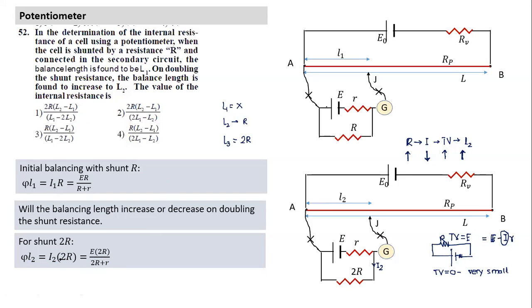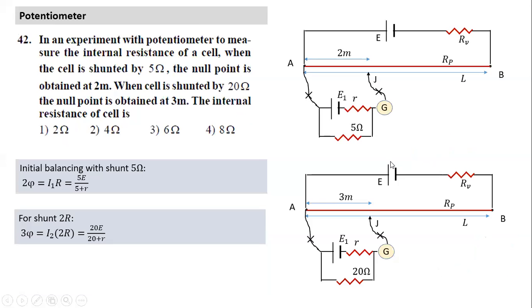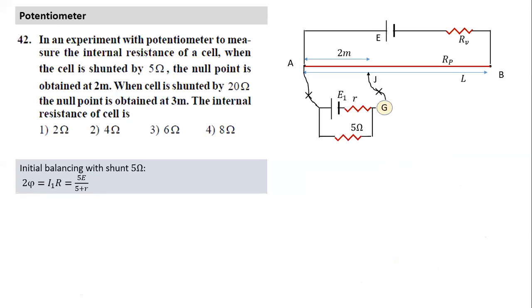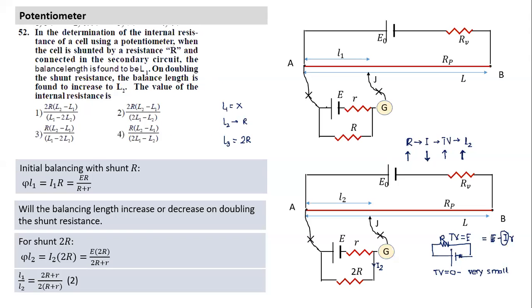Again, we take the ratio. Phi has not been changed. That's why I'm not using phi 1 and phi 2. Because current is the same, this resistance has not been changed. This same setup has been used. So now it is simple. If I write L1 by L2, the ratio will come equal to what? If I divide the first equation by the second equation, that's what we get here.